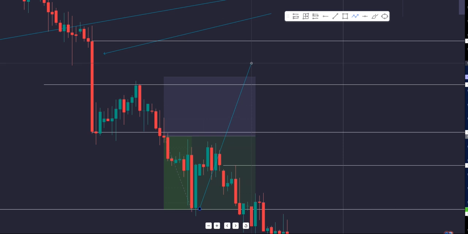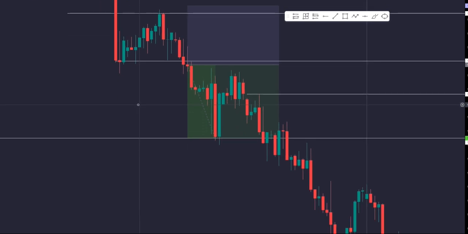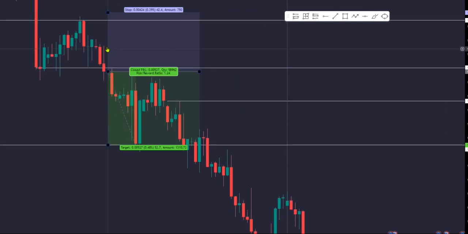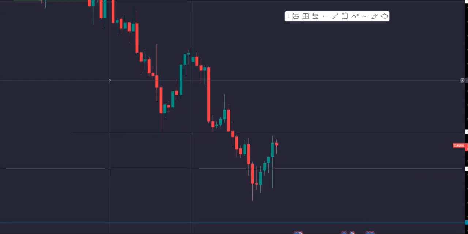It can come to this area, take you out, then come back to its direction. So that's why we use very logical areas and levels where we can take profits and where we can put our stop losses. And it is what it is.